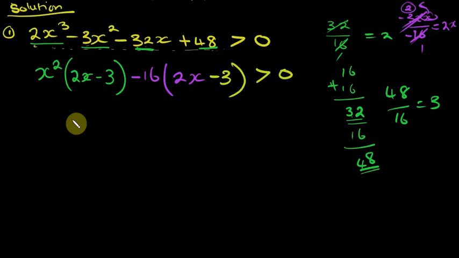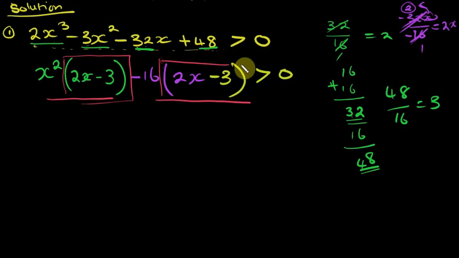So that's the condition. Let's see if we can take this a step further. Look at the first term and this second term, because they are separated by a subtraction sign. Do they have common factors? Absolutely, yes they do. 2x minus 3 and 2x minus 3 are similar factors of these terms.